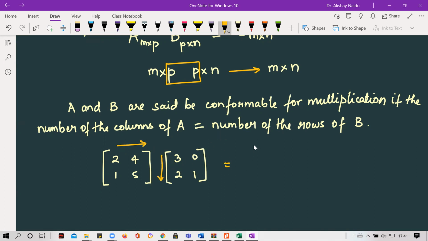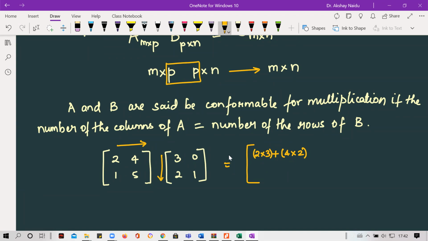The first row elements get multiplied with the first column elements to give the first row, first column element of the product. So 2 into 3 plus 4 into 2. 2 into 3 plus 4 into 2.